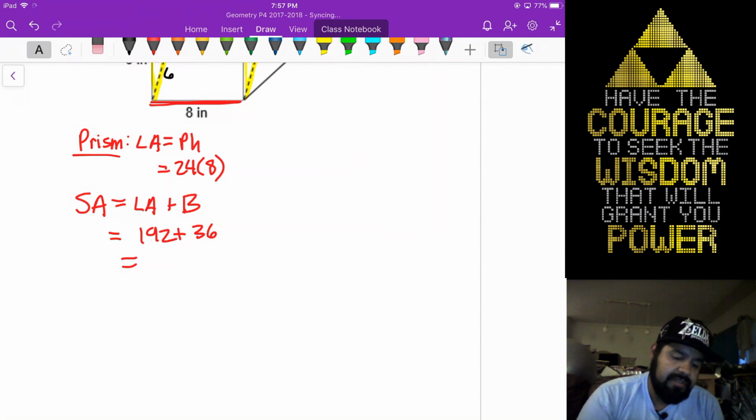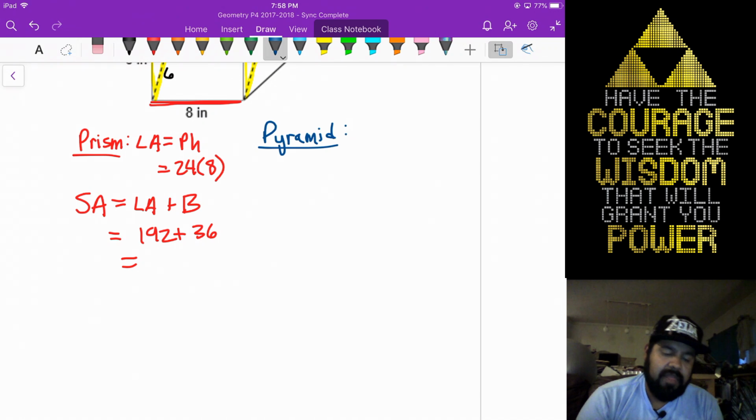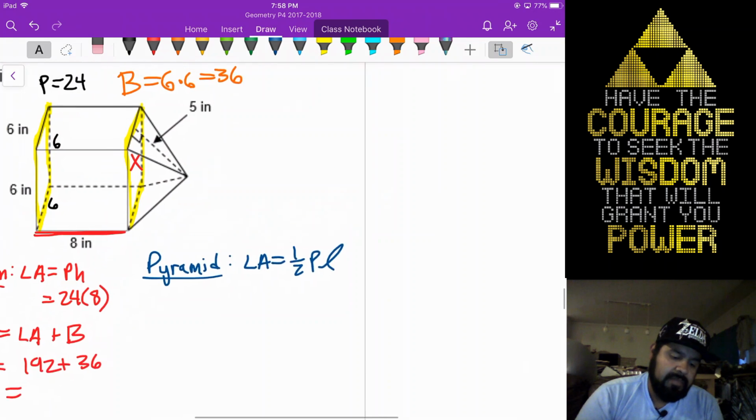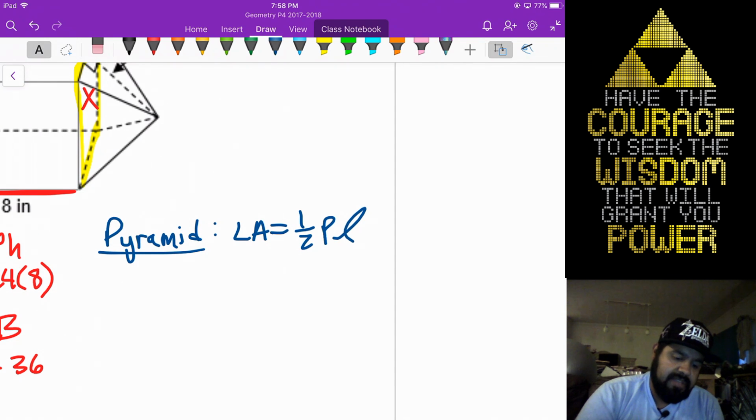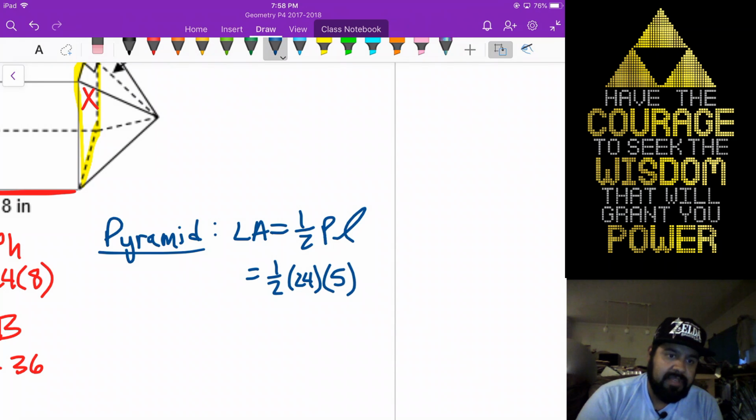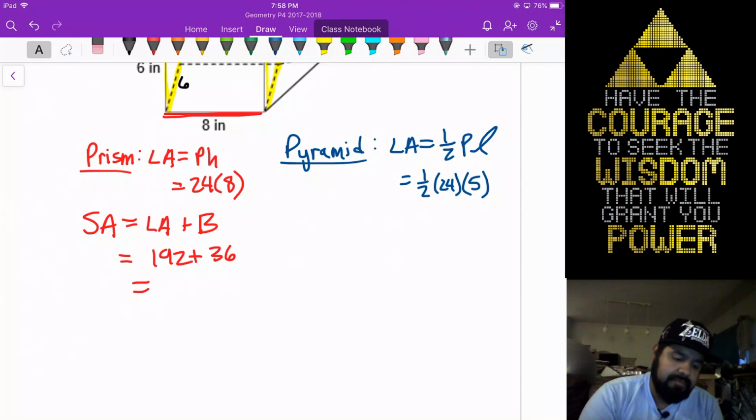While he's doing that, let's look at the pyramid. The pyramid's lateral area equals 1/2 of the perimeter of the base times the slant height. Our slant height is given, it is a 5. So that is 1/2 times 24 times 5. Thank you, Adam.